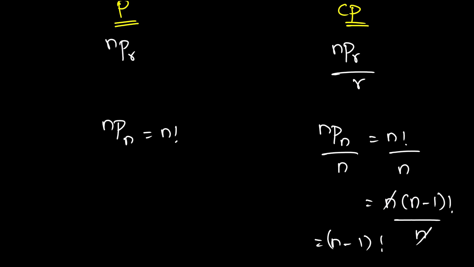Select n people out of n and arrange n people. I am arranging n people, that's why divided by n. Here I am selecting r people and then arranging r people, so divided by r. This is circular permutation, but there is one more variety, invertible circular permutation. We'll see that also. But are you getting the clarity regarding this?